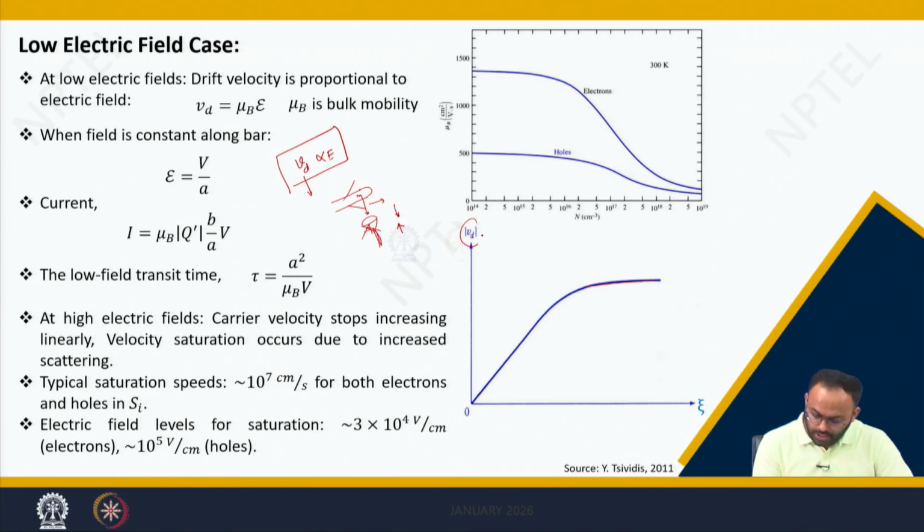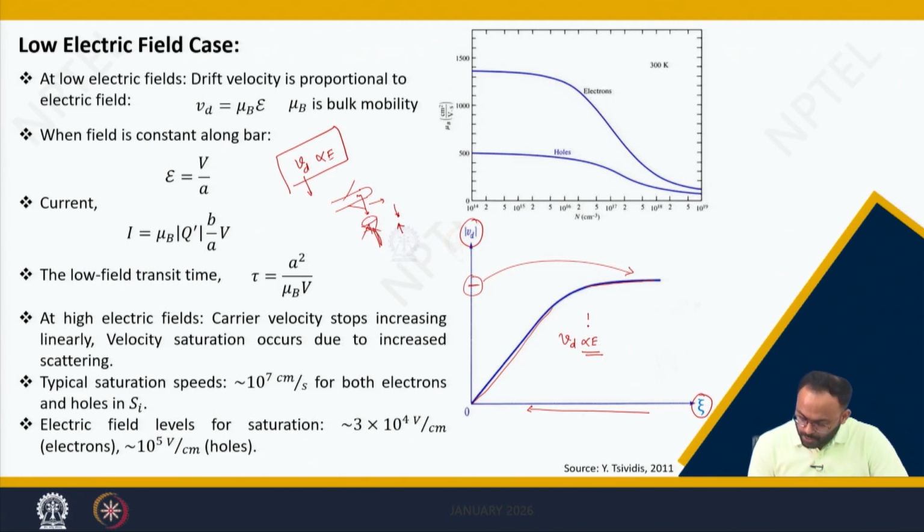If we plot Vd versus E, we get this kind of curve, which simply says Vd is directly proportional to E in the range of lower electric fields, but at a higher electric field, this drift velocity gets saturated. This has more important notions when we talk about the MOSFET and MOSFET modeling.